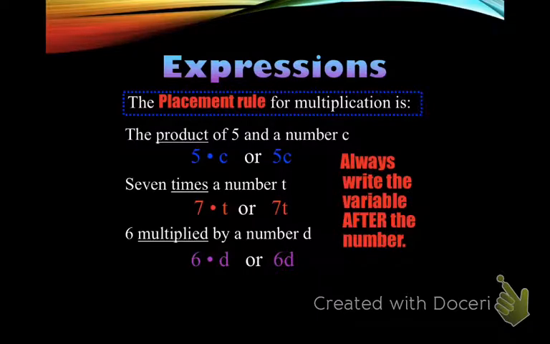Okay? You'll see that it's 5c, 7t, 6d. The number has to come first in multiplying. You do not do it like this. You don't do it like this, d7. We don't do that. All right? We're not playing bingo. All right? You always put the number in front of it. Okay? Let's move on.